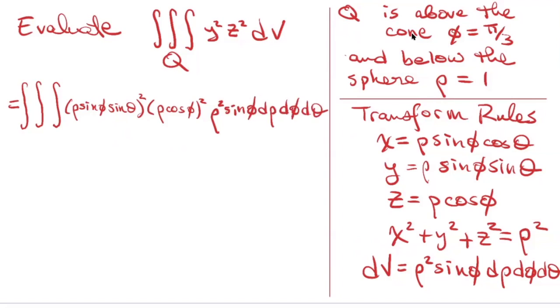That's actually a lot of stuff in that simple little integral, and you kind of pay the price when you go into spherical coordinates. But there's a big payoff: the solid that we're integrating through is really simple in spherical coordinates.